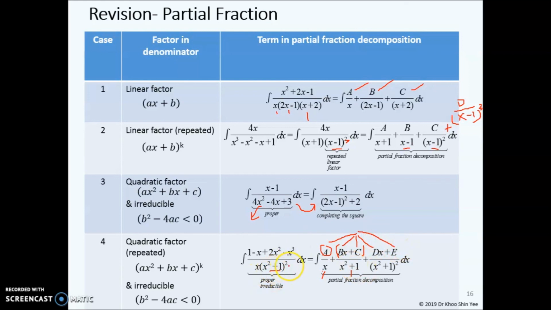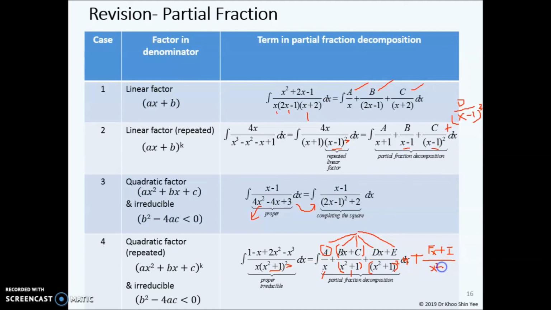And the repeated factor here is power of 2, so you have power of 1, power of 2 term here, same. So if you have power of 3, then you have to add fx plus I, let's say.